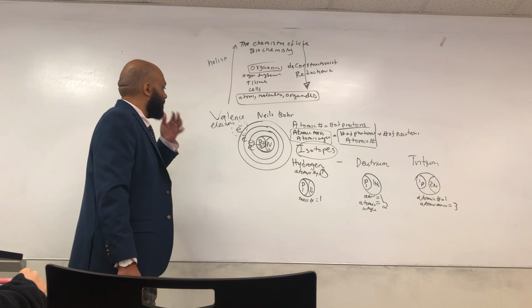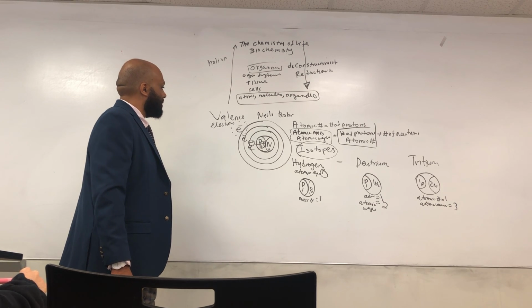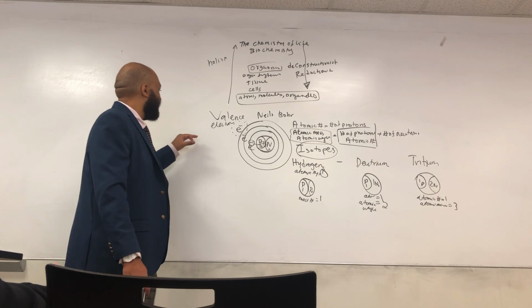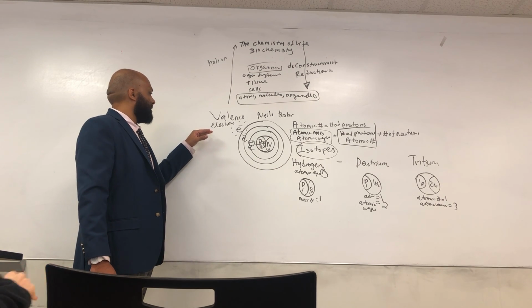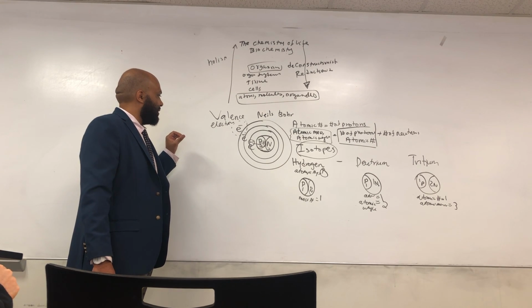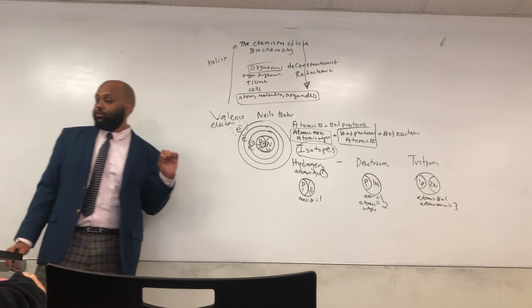So these are the isotopes, and these are the valence electrons, and now we're going to talk about the bonding. This is really important too.